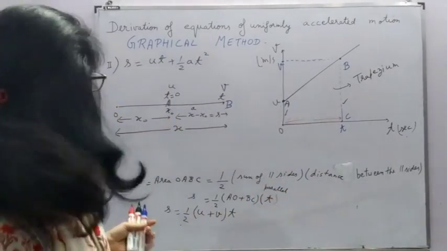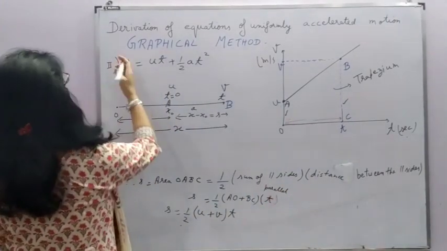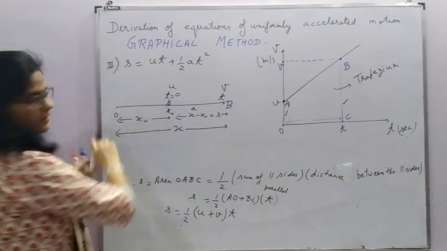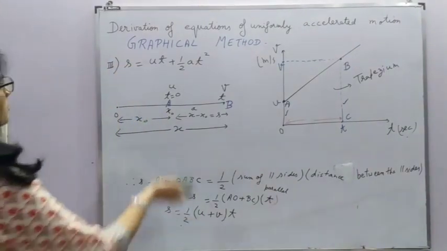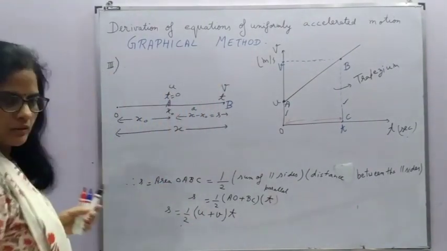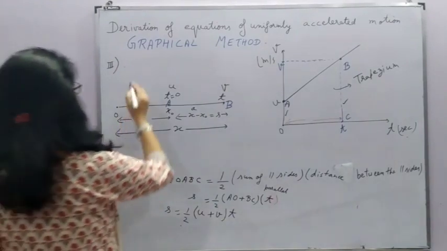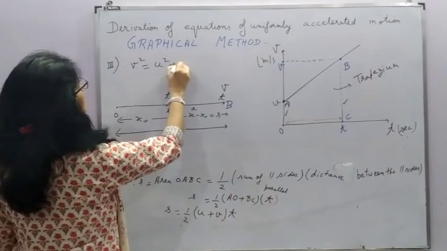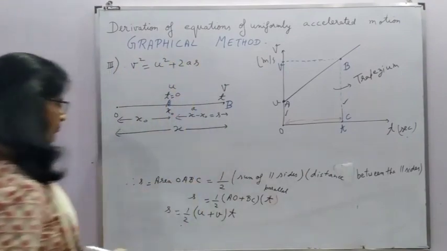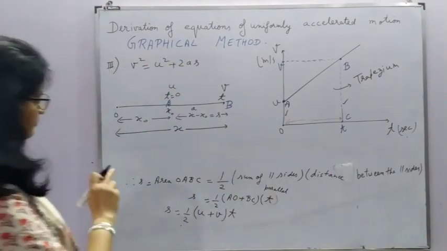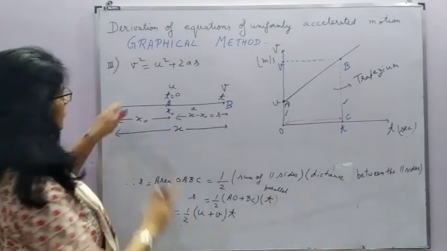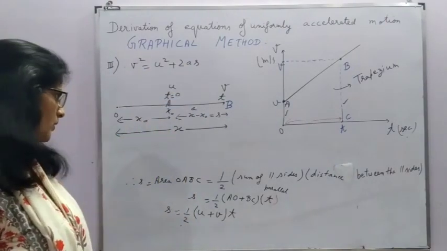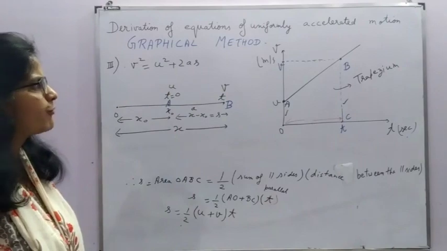So the initial steps will be same, but we have to check what do we need to eliminate from this equation to get the third equation of motion. Now from here, we know that in our third equation of motion, time is not there. Now how can time be removed from here?